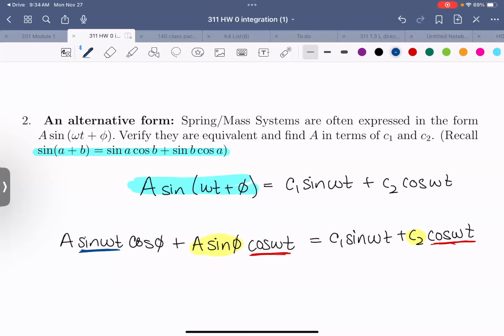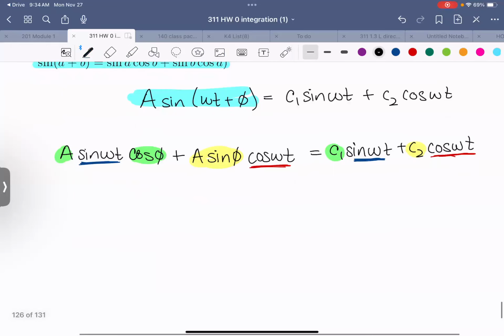And here I have sine omega t, and its coefficients have to match as well. So this C1 has to be A times the cosine of phi. So what we end up with is C1 is equal to A cosine of phi, and C2 is A sine phi.